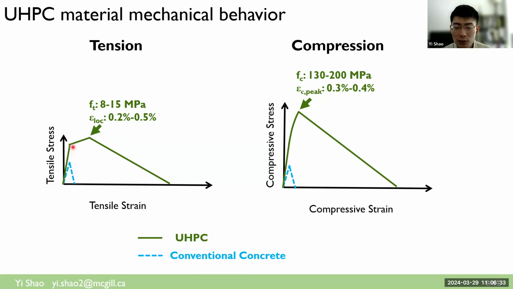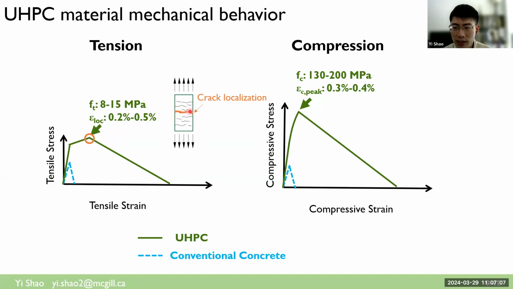In contrast, for UHPC, after cracking, which occurs at a higher strength level than traditional concrete, it will show what we call a strong hardening branch. During this strong hardening branch, fibers are bridging the cracks and cause what we call the multiple cracking phenomenon. So UHPC material will show multiple fine cracking with increasing tensile strength after the cracking point until the material reaches what we call crack localization.